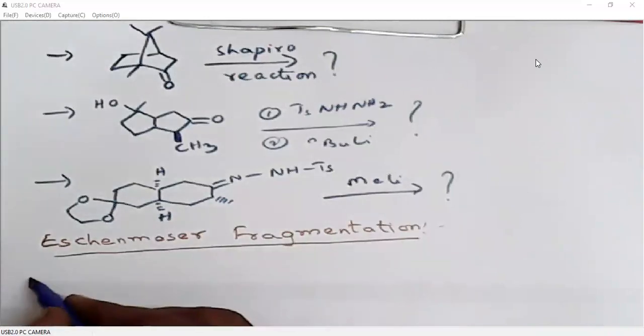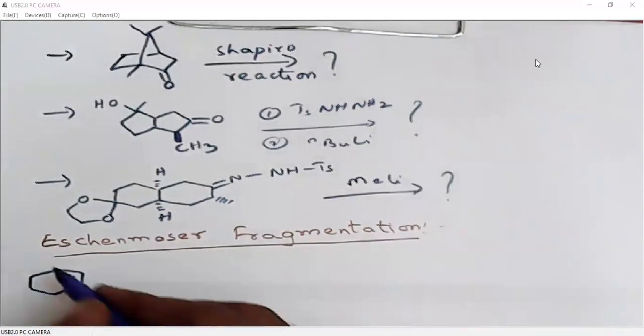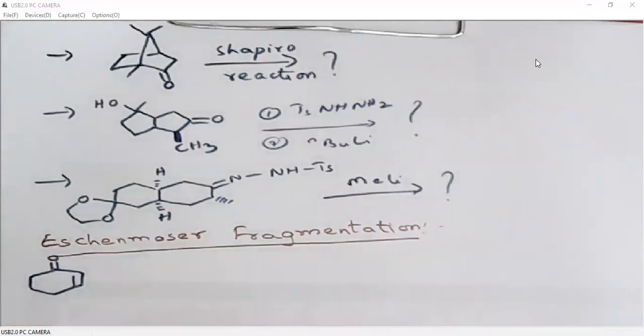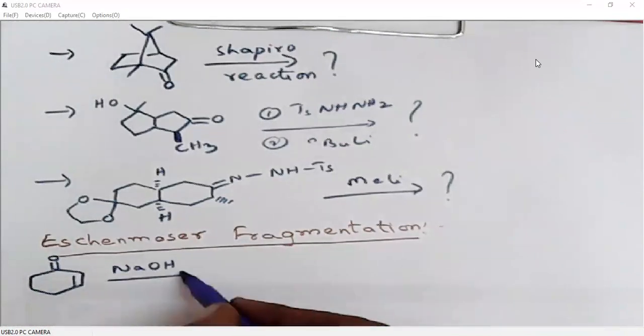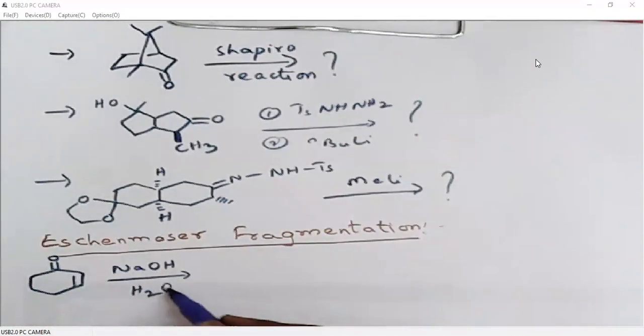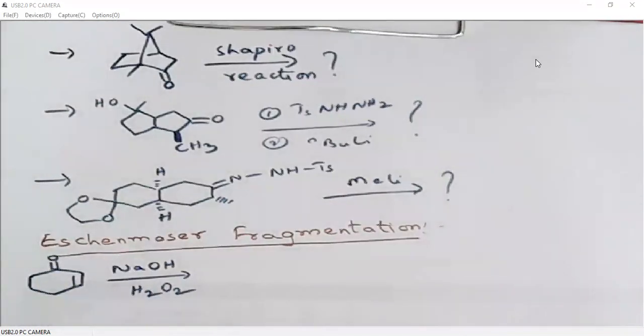carbonyl. For example, when we have this cyclohexenone, we can do epoxidation under basic conditions, sodium hydroxide and hydrogen peroxide, because we have an electron withdrawing group, so we must apply this nucleophilic epoxidation.